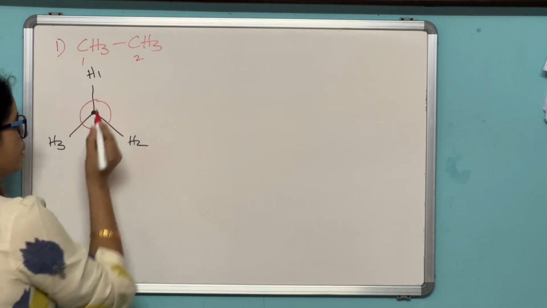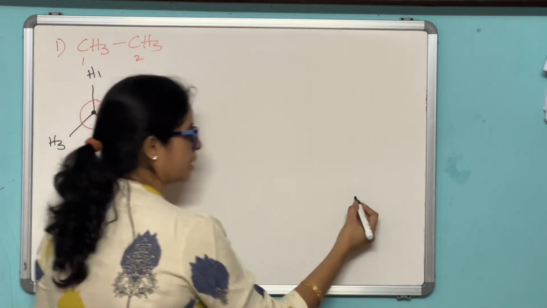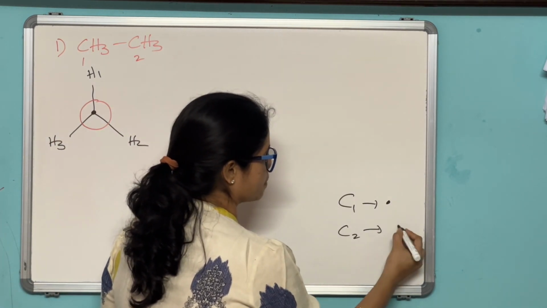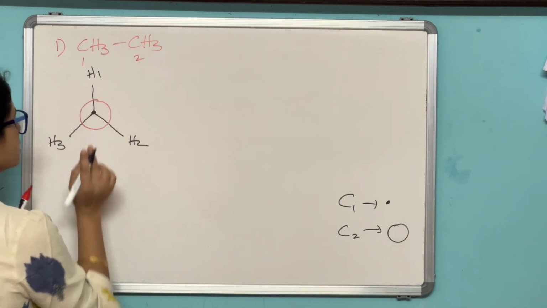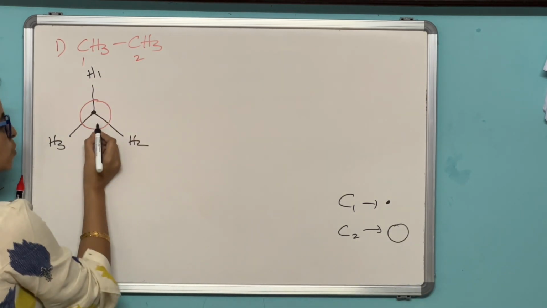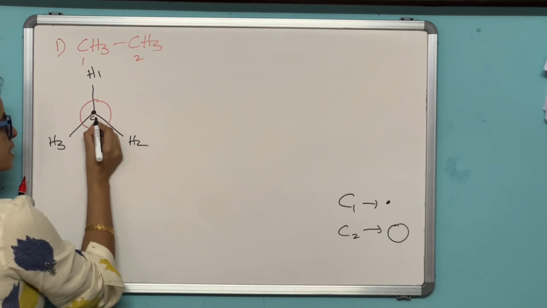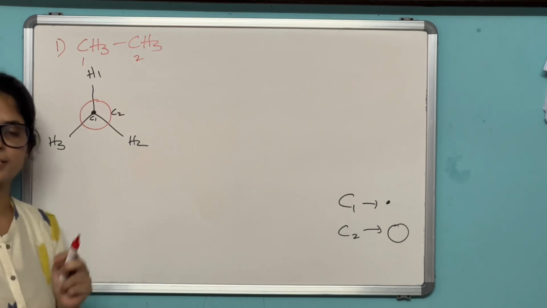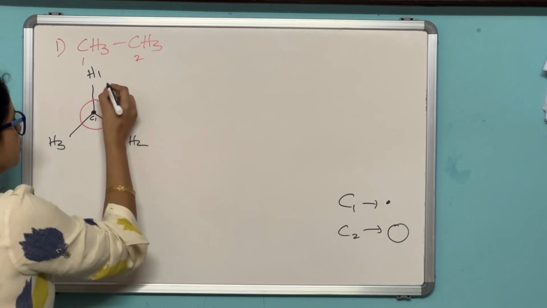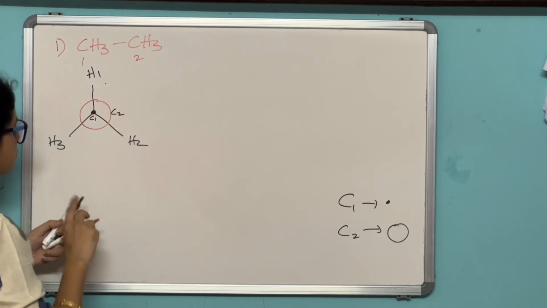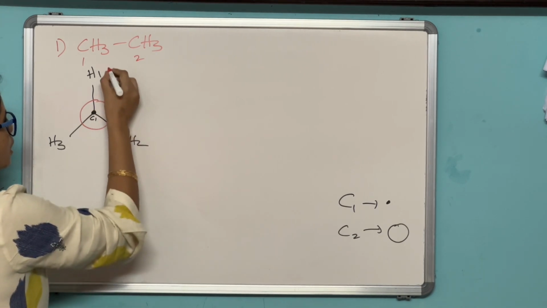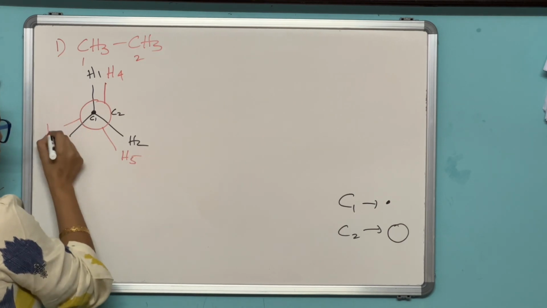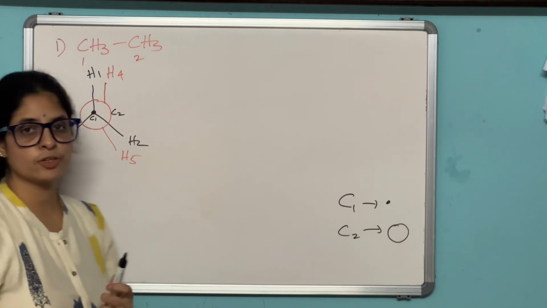C1 carbon is represented with a dot and C2 carbon is represented with a circle. The circle is the second carbon atom, C2. Its three hydrogens are H4, H5, H6. This is the Newman projection.